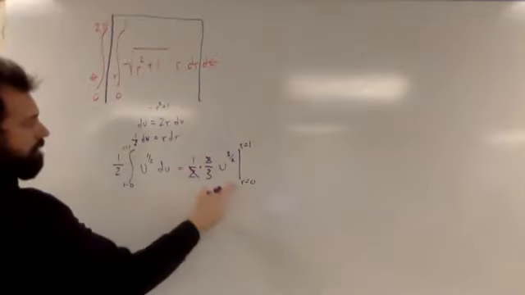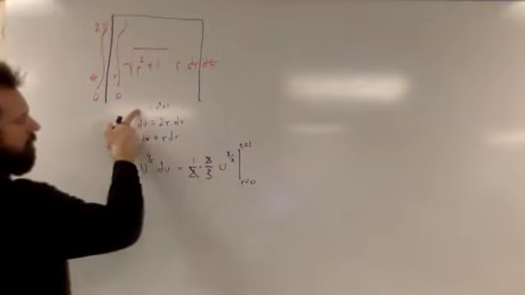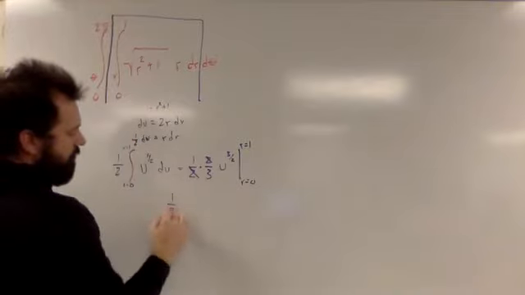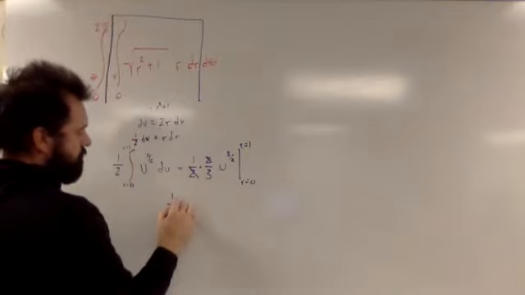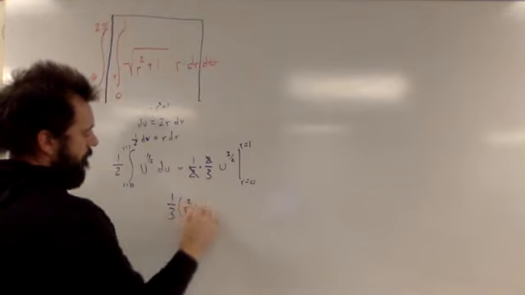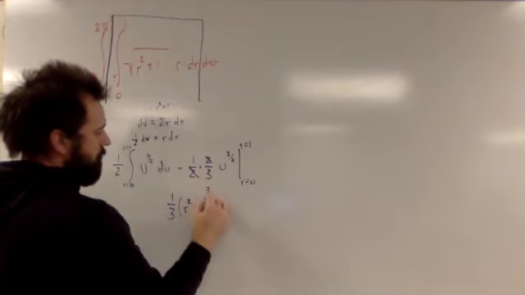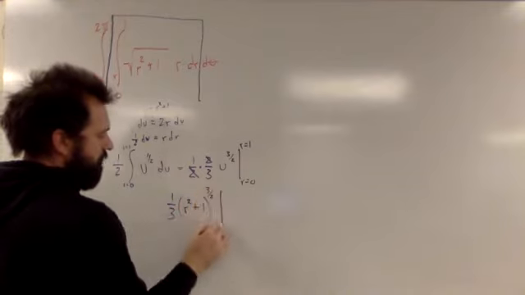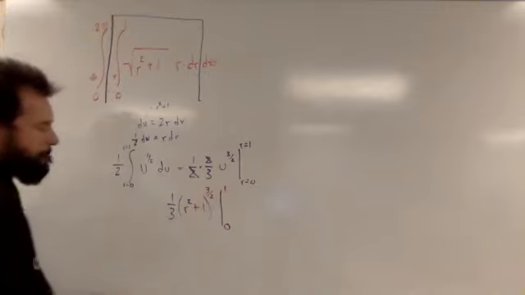So that's going to give me 1/2 times 2/3 u to the 3 over 2, evaluated from r equals 0 to r equals 1. So if I plug back in my r, I'm going to have 1/3 r squared plus 1 to the 3 over 2, evaluated from 0 to 1.